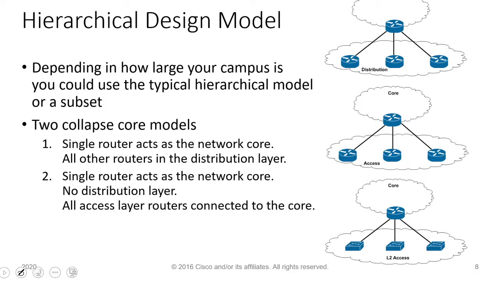And in some cases, we may sometimes not have these three layers, but we may collapse them into two layers. So we may have a core layer and everything else is part of the distribution layer, or we may have a core layer and an access layer.